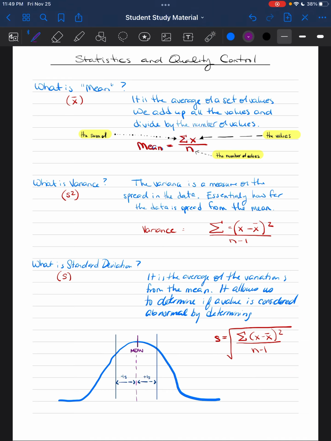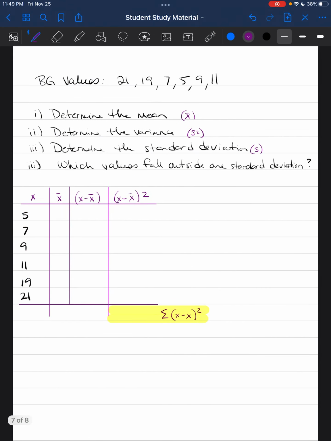So let's go through and do a question. Here we have blood glucose values of 21, 19, 7, 5, 9, and 11. The first step is to determine the mean.